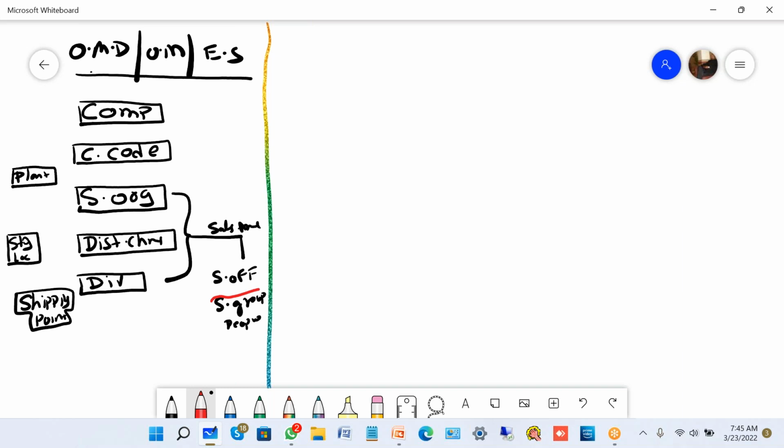Now, sales group as people, office as the workstation. Now watch me here, everybody. A group of people work for an office. An office is connected to a sales area.